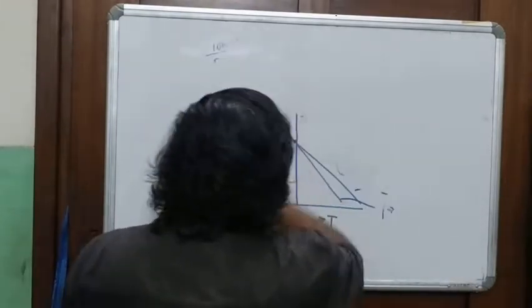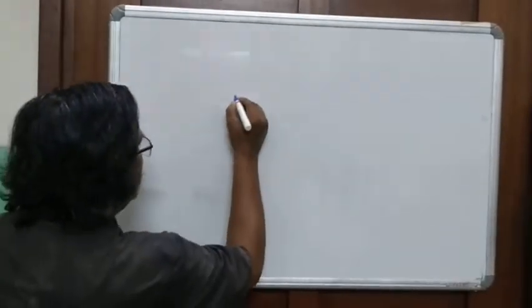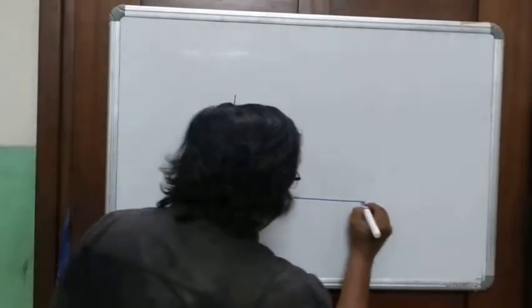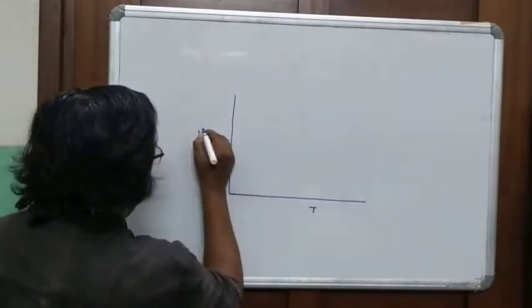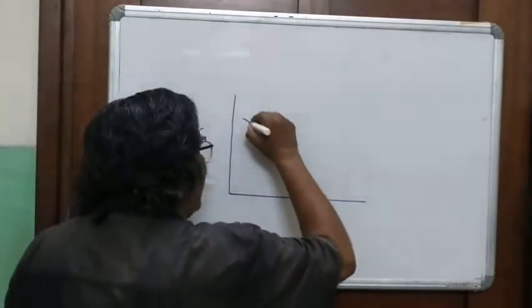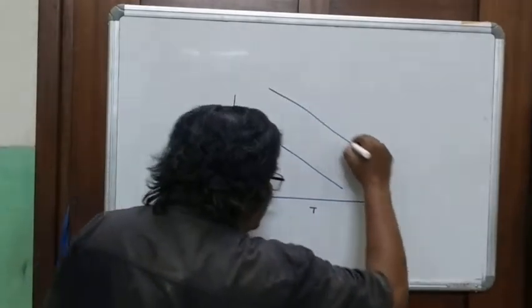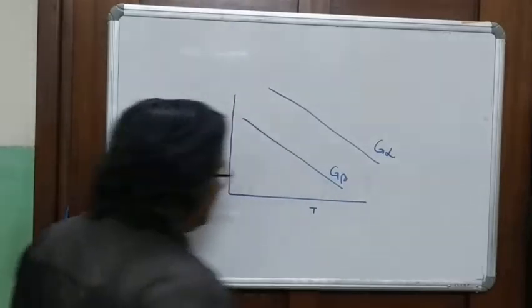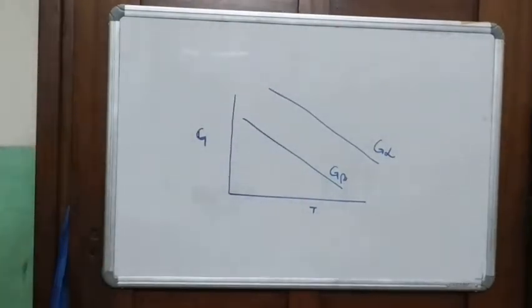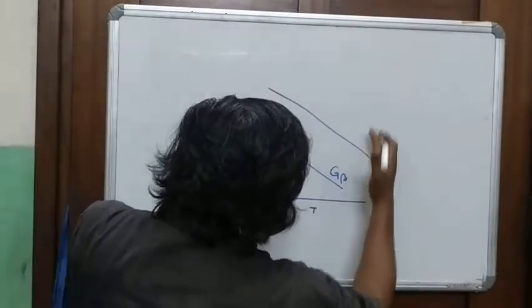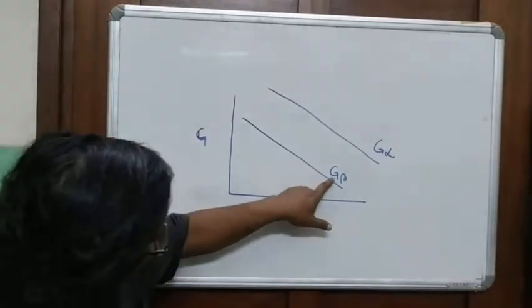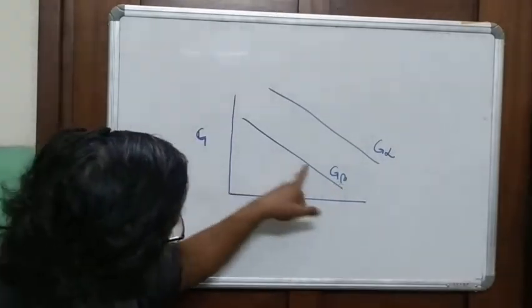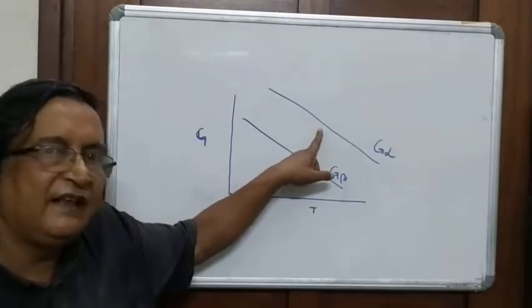A small point before we wind up and go over to the phase diagrams. You can have a situation with temperature and G, where you have a curve, say this is G alpha and this is G beta, which means for the observed range of temperature, the free energy of beta is always lower than the free energy of alpha.